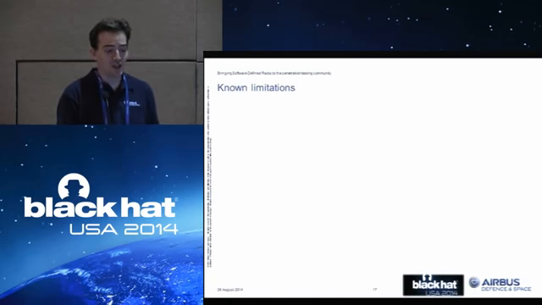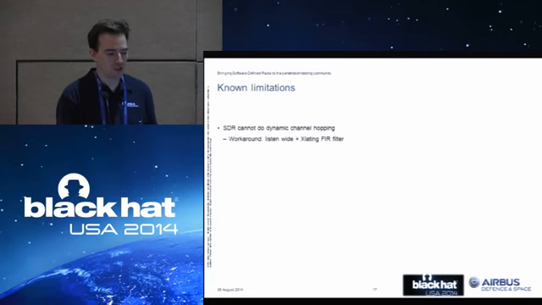There are still known limitations, for example, when you're dealing with dynamic channel hopping. The USRP2 can deal with 56 megahertz of bandwidth. BladeRF is limited to 38 megahertz. So if you think about Bluetooth Low Energy, which is 80 megahertz wide, you're running a bit short of bandwidth.